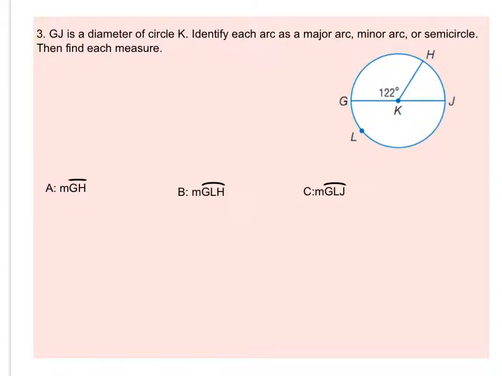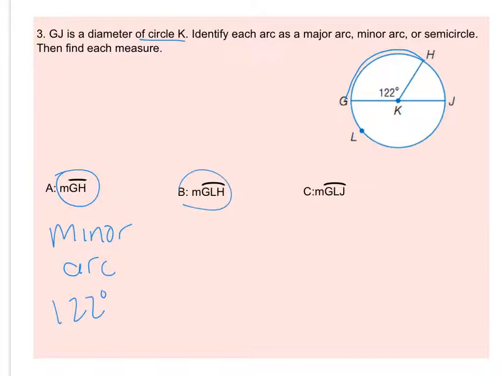So, GJ is the diameter of circle K. Identify each arc as a major arc, minor arc, or semicircle. So, GH is there. So, that's going to be a minor arc with a measure of 122. GLH is coming this way, all the way around, GLH.